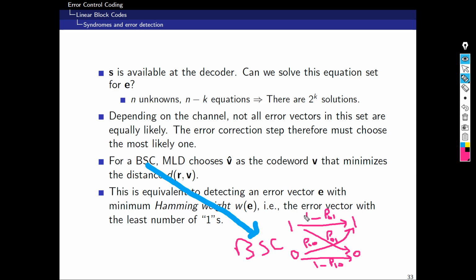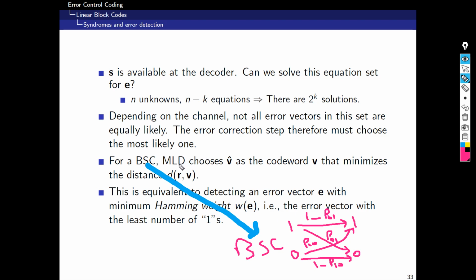Binary symmetric because for 0 and 1 you have 2 different bits, and you have equal probability of receiving it correctly or wrongly. And if the probability of receiving it wrongly decreases, the probability of receiving it correctly increases automatically.